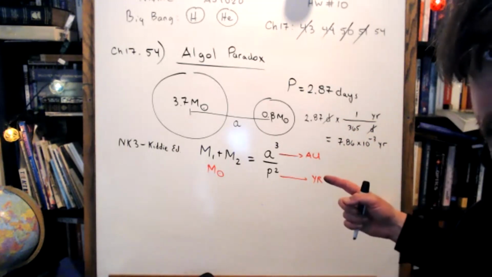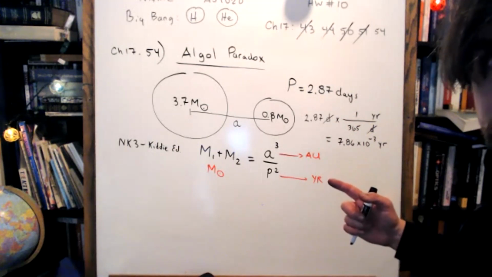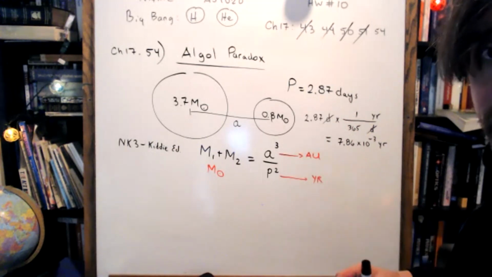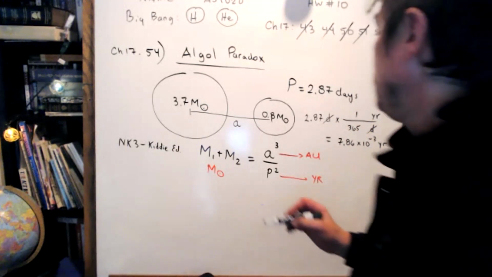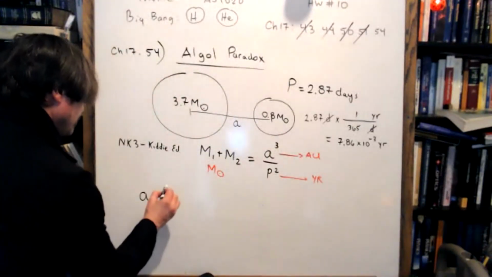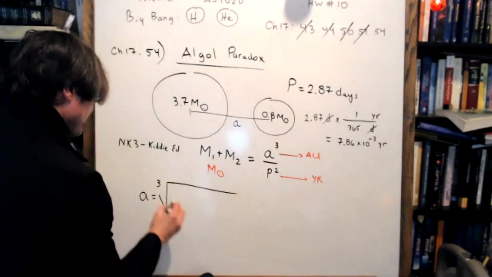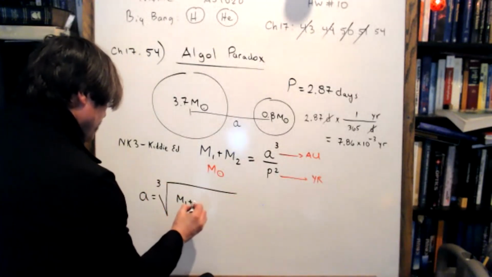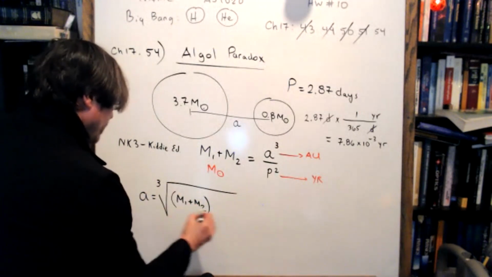Okay. Vladimir, you've got the good algebra skills, right? Help us solve for A in one shot. Cube root of combined mass times p squared. Nice.